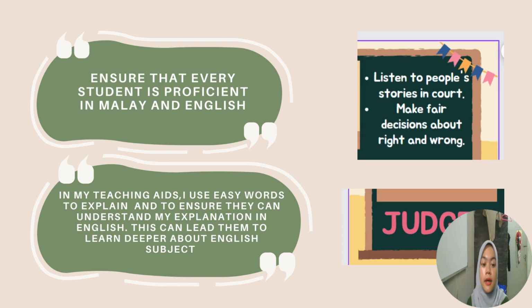And then I chose the second shift, which is ensuring that every student is proficient in Malay and English, because in my teaching aids, I use easy words to explain and to ensure that the students can understand my explanation. And this can lead them to learn deeper about the English subject.